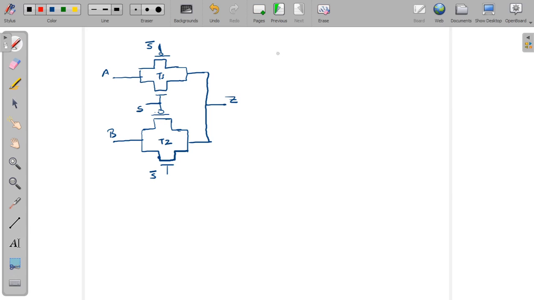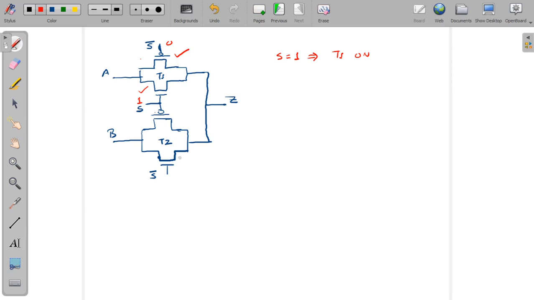Okay, so if S is 1, this will make T1 on, because S is high. If S is 1, that will make this NMOS conducting. This S bar becomes 0, so this PMOS will also conduct.